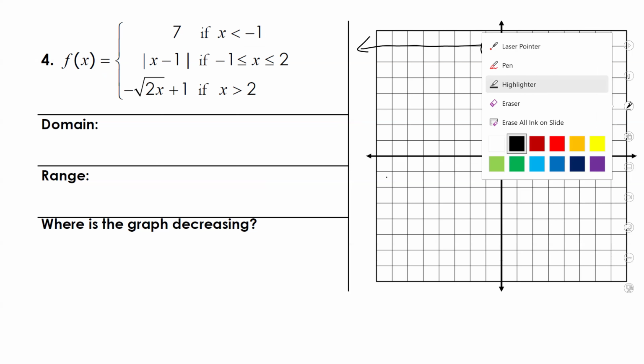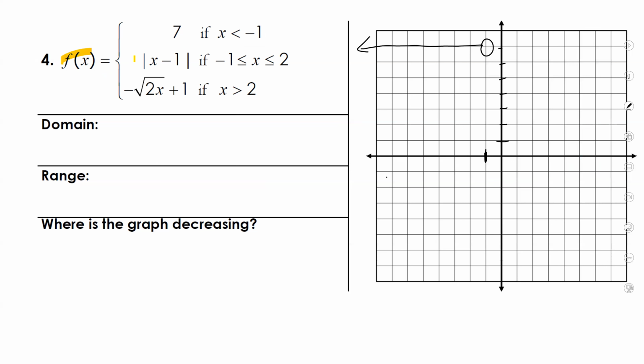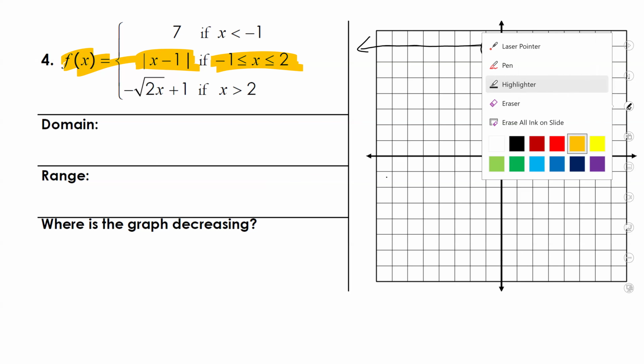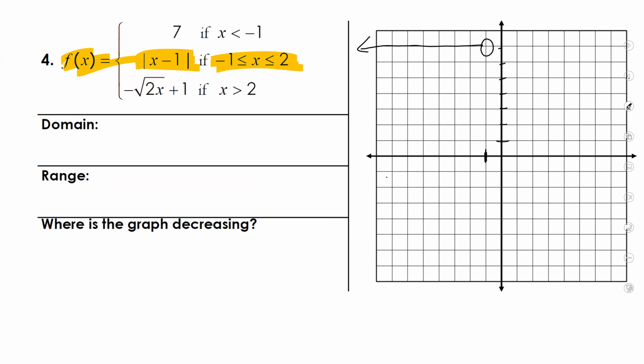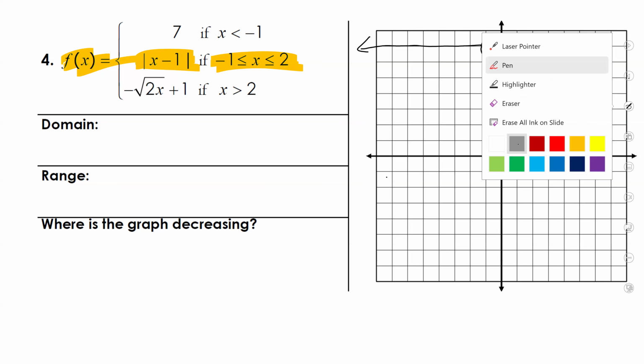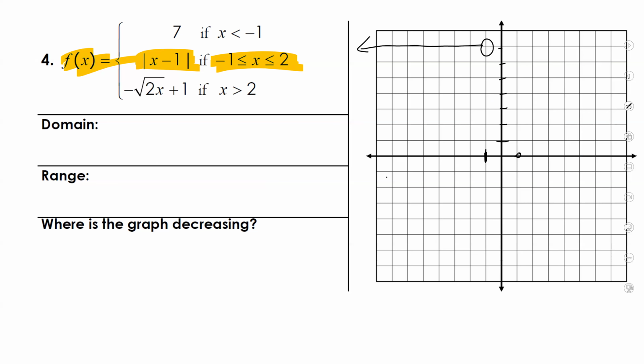We are going to do f of x equals this absolute value function if x is between -1 and 2. Okay, so guys, what's the transformation here? What happened? It went to the right one? Okay, so let's draw that. Our absolute value function went to the right one. So this should be your new graph. I'm just going to draw it.